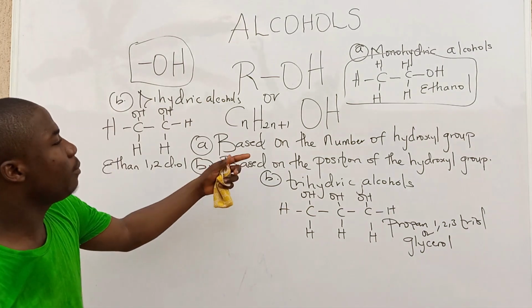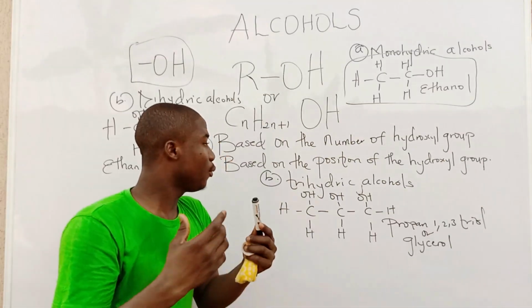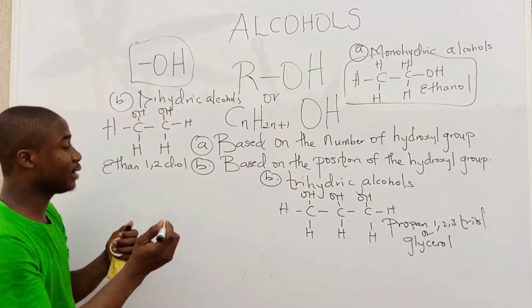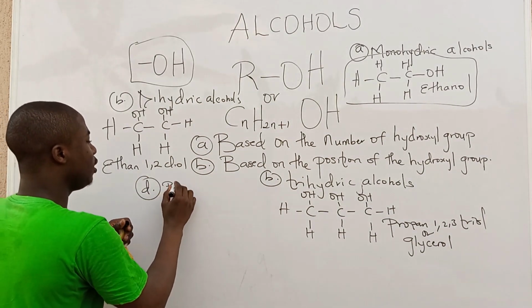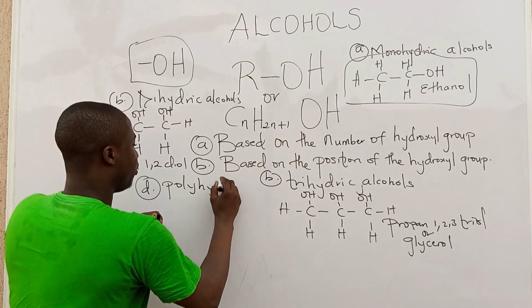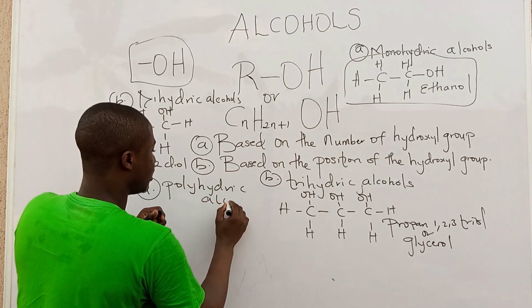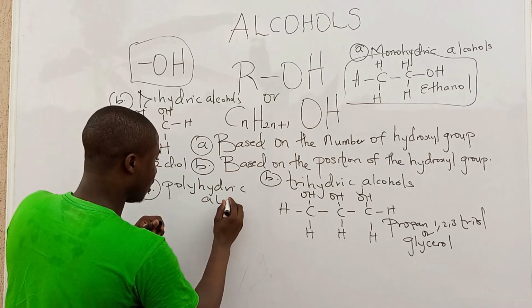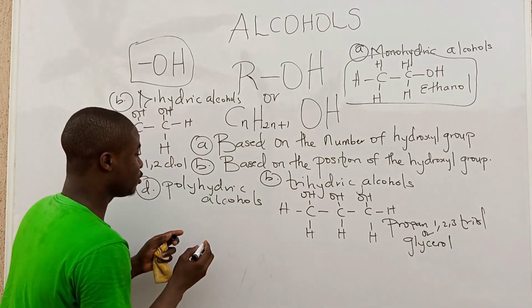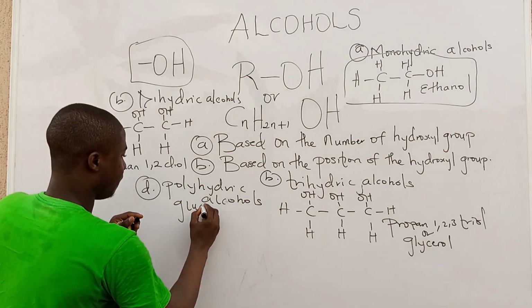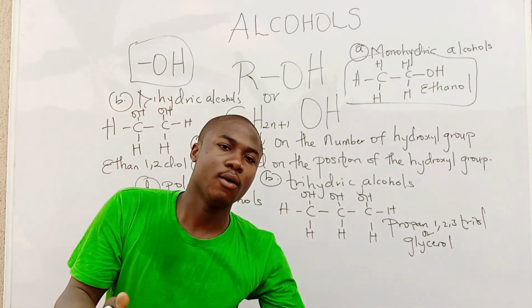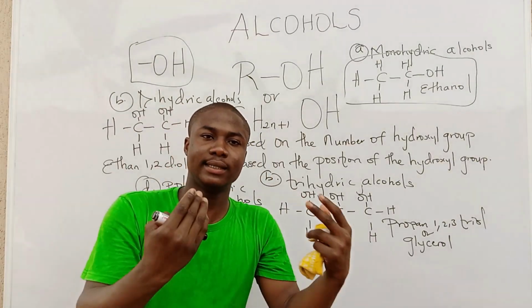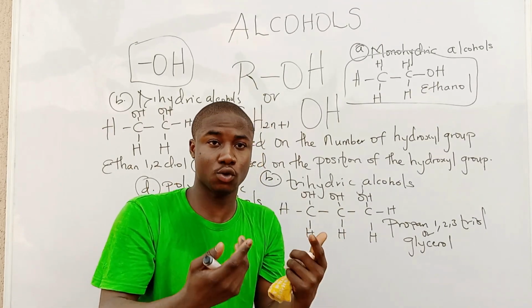Now talking more about classification based on number of hydroxyl groups, we have the fourth one, which is the polyhydric alcohols. Here we see the likes of glucose. Glucose is a polyhydric alcohol. Poly means you have more than 3 OH, that is, hydroxyl groups in the compound.